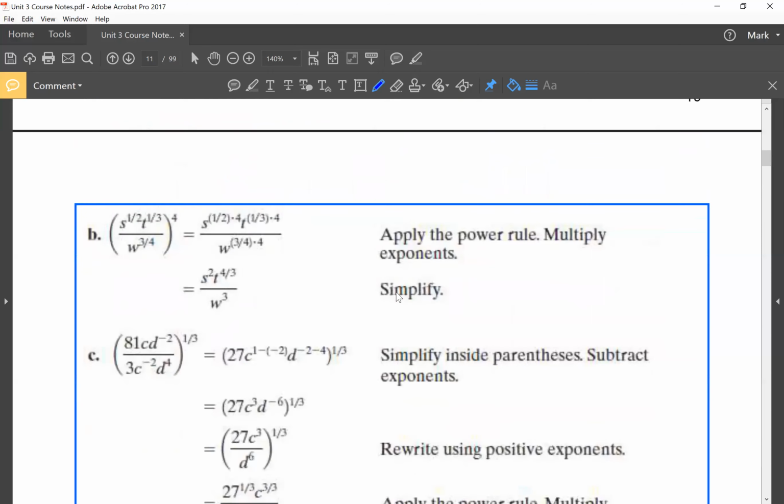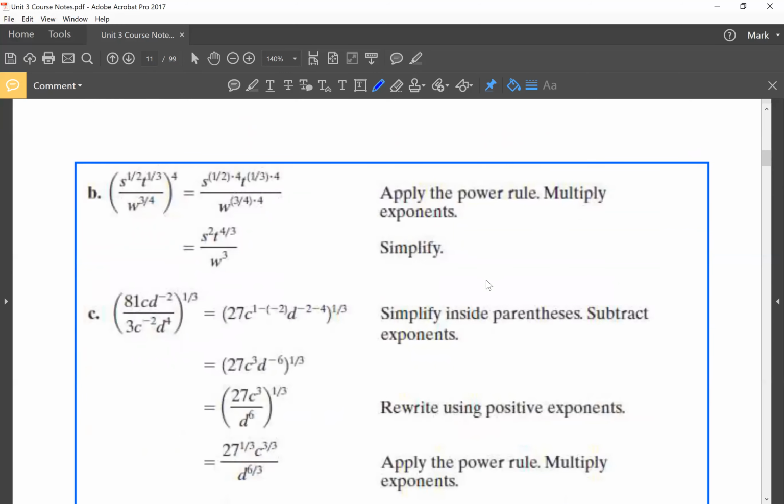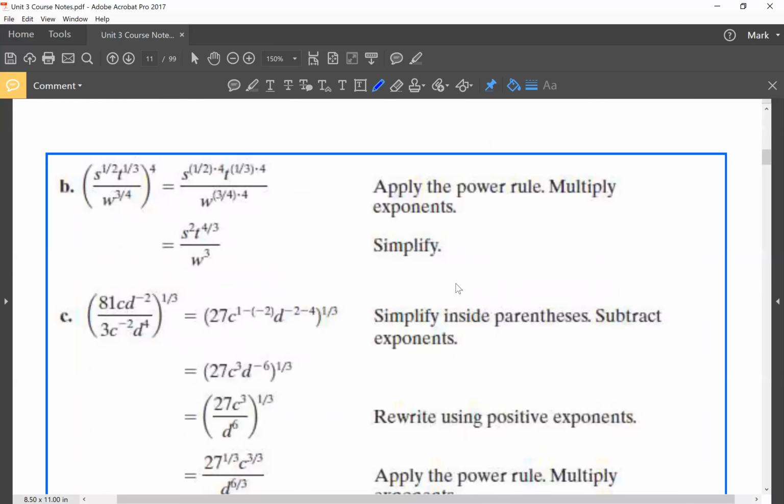Okay, what about B? B looks intense, but what we're going to do first for B is multiply everything by 4. You can see here in the second step, everything gets multiplied by that 4.